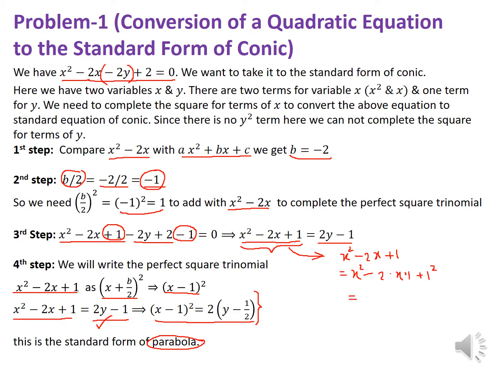So we can now apply the formula for a minus b whole squared. This is what? a squared minus 2ab plus b squared. So here a is x and b is 1. So we have x minus 1 whole squared. So we can write x squared minus 2x plus 1 is equal to x minus 1 whole squared in this way also.